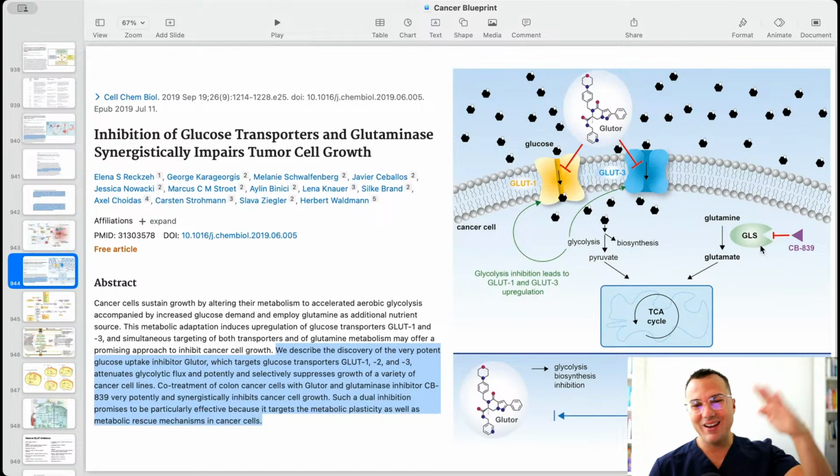Why wouldn't we want to take that out of the equation first and then add these particular molecules in at the minimal dose necessary to achieve our goal, right?